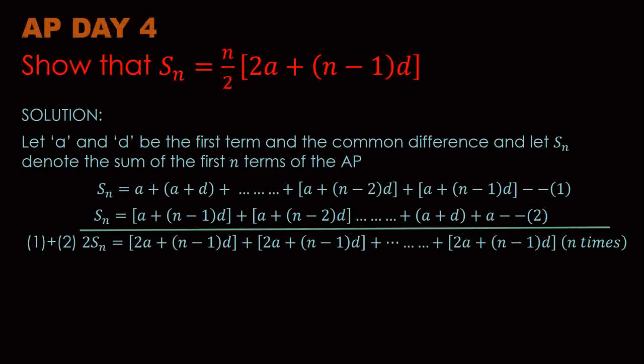So that's how we get 2a plus (n minus 1)d. Now for the second term, again it is 2a plus (n minus 1)d. The second term from the first equation is a plus d, plus the second term from the second equation, a plus (n minus 2)d. Now just add them and see what you get.